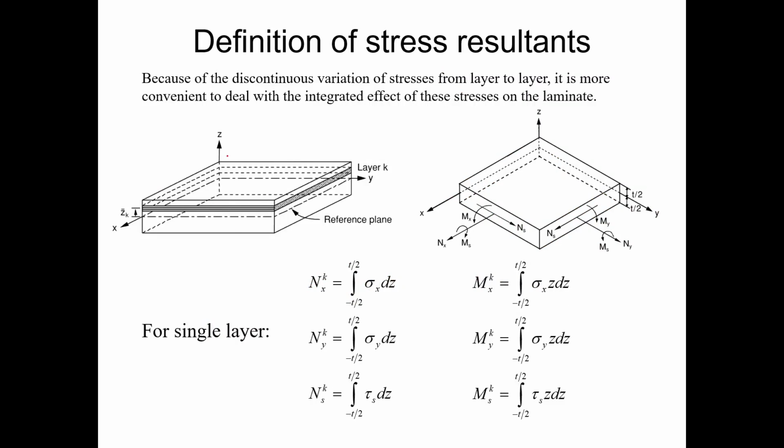And now we have done something together for each direction. We have just shown an example in the x direction. You can do not only the x direction, you can do that in y, in s, and you can also derive the moment about the x axis, the moment about y, the moment about s.